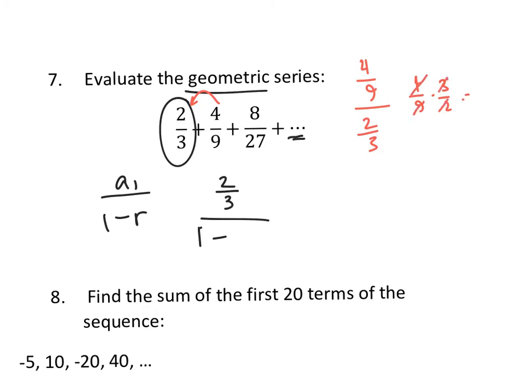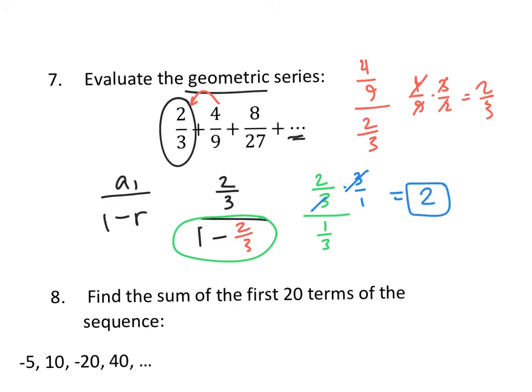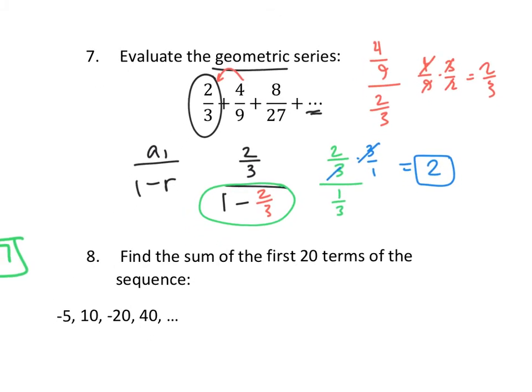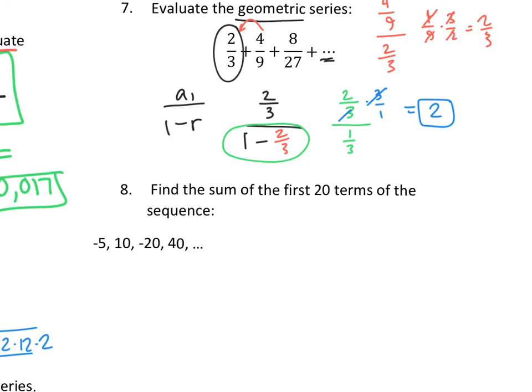So that's also 2/3. So the denominator is going to be 1/3. So it's going to be 2/3 divided by 1/3. And then I'm going to do the reciprocal to cancel this out. So the answer is going to be 2. So evaluating means the answer is 2. It's converging to a number. The r is less than 1.